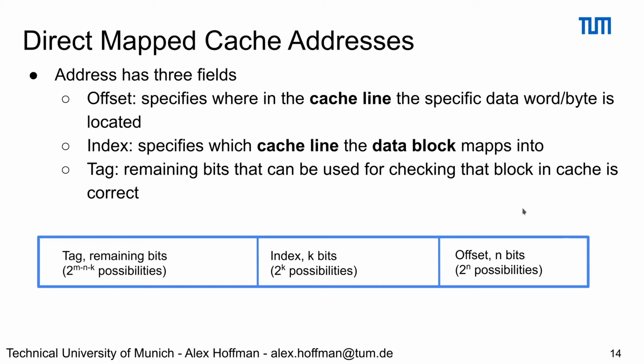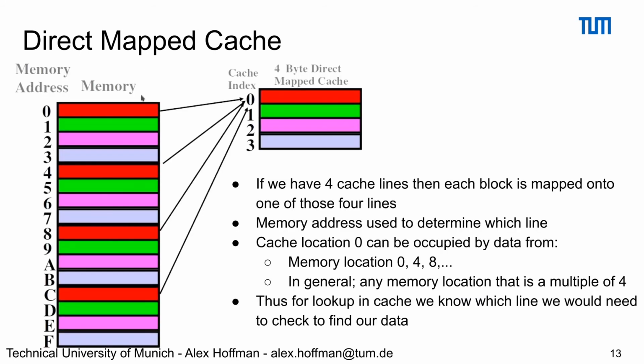But this is actually not the first thing that you'll use when you're accessing cache. It's actually the last thing that you'll use. The one thing that we're really interested in now is the index. So we're saying here, for instance, as an example, the 0th, the 4th, the 8th, and the 12th cache lines all map into this 0th cache line here.